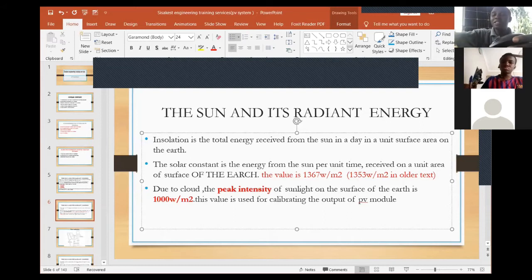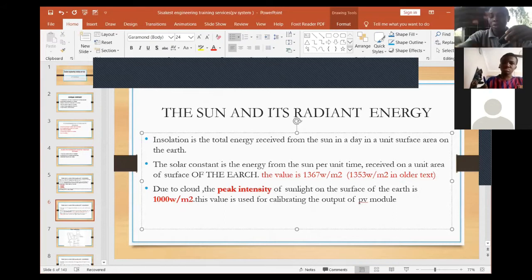Now, if you take the total sum of where the sun is shining and divide it by the area, what you get is what we call the solar constant. That means, on average, this area receives this amount of energy per meter square. Averagely, anytime the sun is shining on the surface of the earth, the earth receives this amount.